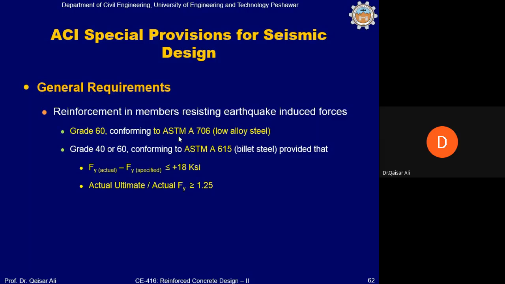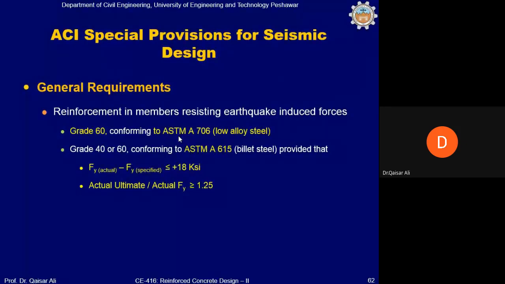It's a little bit expensive, but it is very ductile because it is low alloy steel, and the strength is not coming from the carbon content, but from the addition of some other elements. So this is called an alloy steel, low alloy steel, because it has very good properties. For further details, you can study ASTM A706.